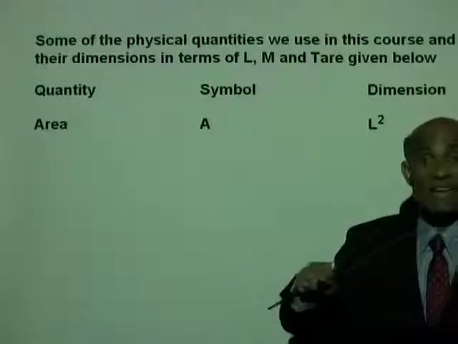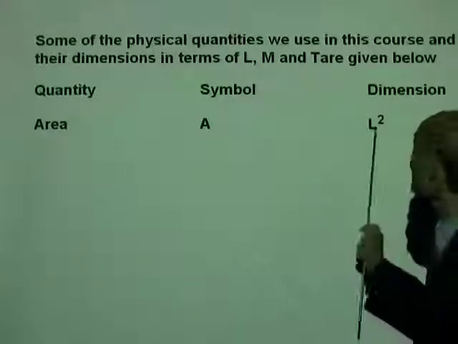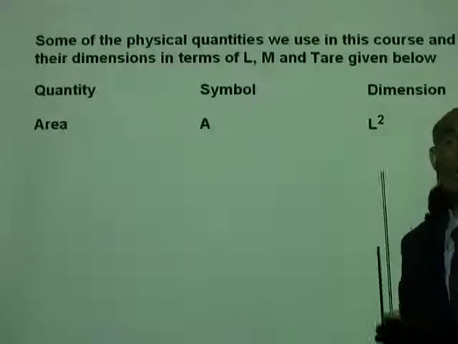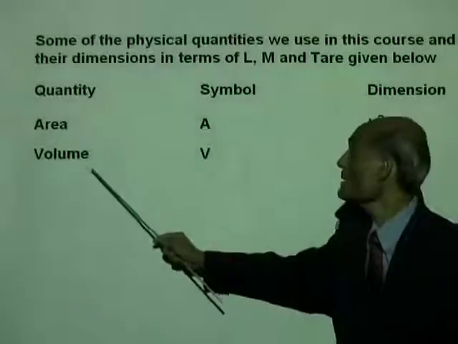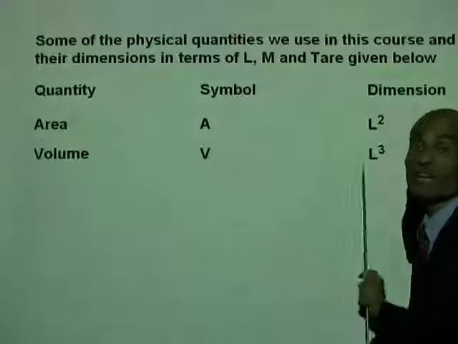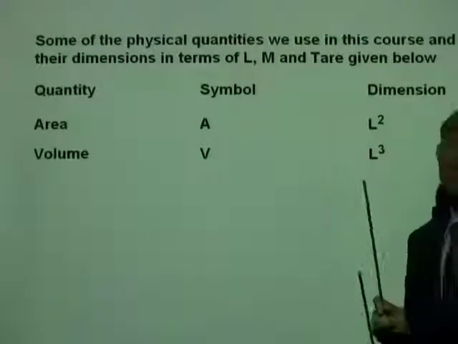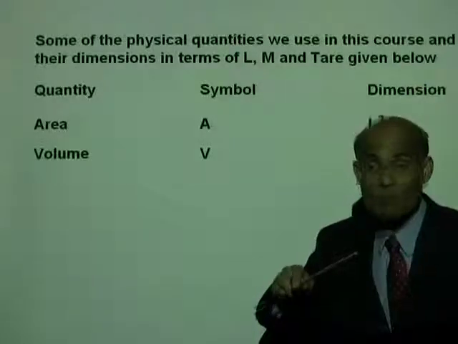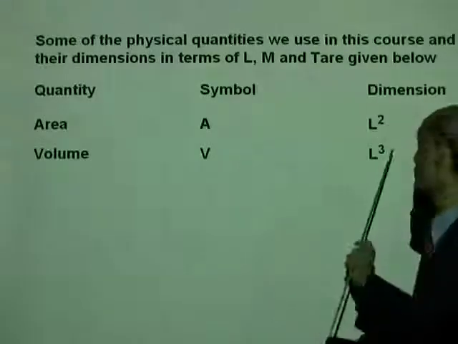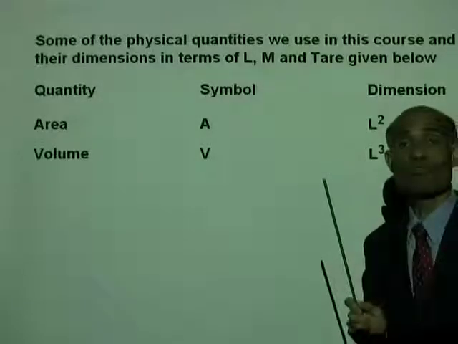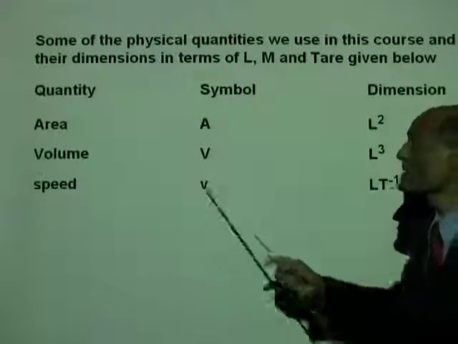Area is length multiplied by length. The dimension of area is L squared. Volume is V. The dimension is L cube. Length multiplied by length multiplied by length. So the dimension of volume is L cube.